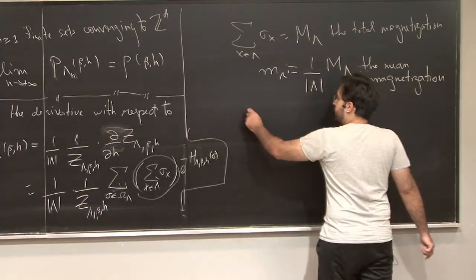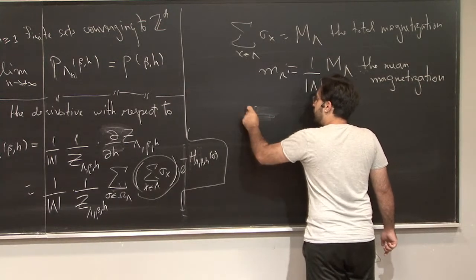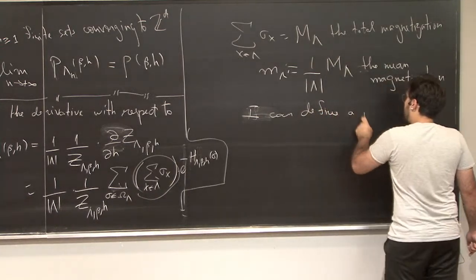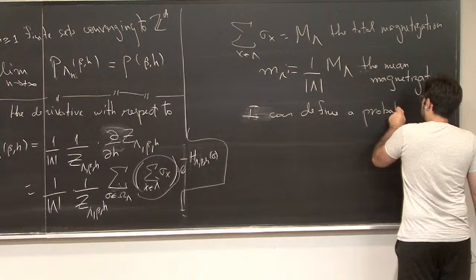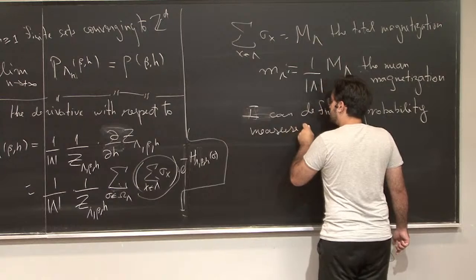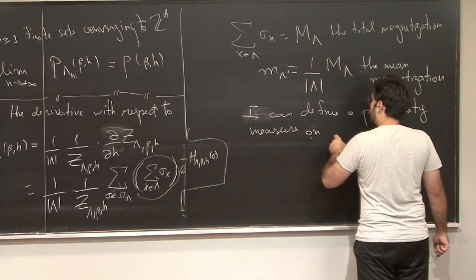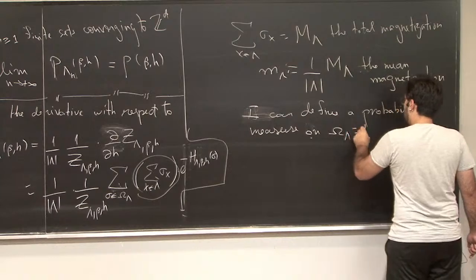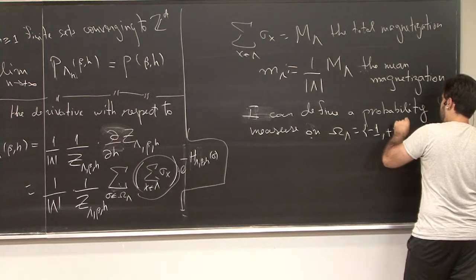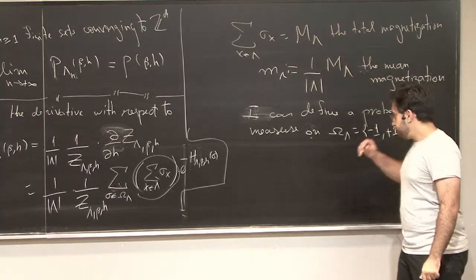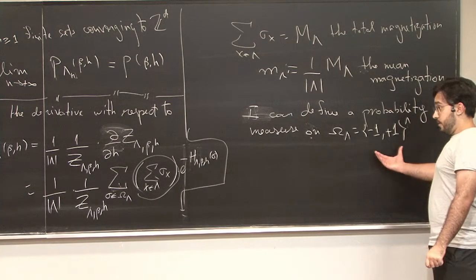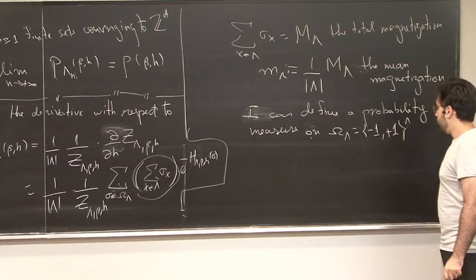So if I can define a probability measure on this space. And remember, since lambda is finite, this is also a finite set, although a large one, it's still finite.